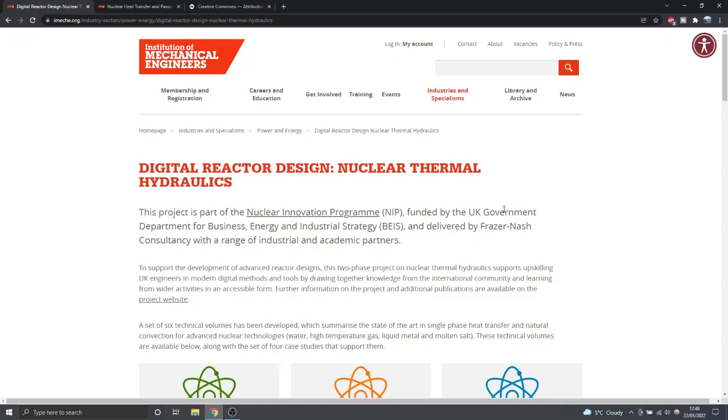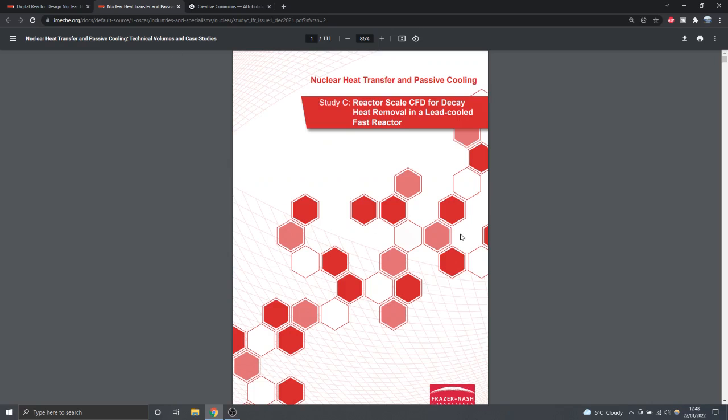And the key feature of this project that allows us to distribute this information under the Creative Commons license and on the Institute of Mechanical Engineers website, and the important thing to remember is that when going through this analysis of study C of a reactor design, it's important to remember that all of the information, the figures and the numbers are fictitious.